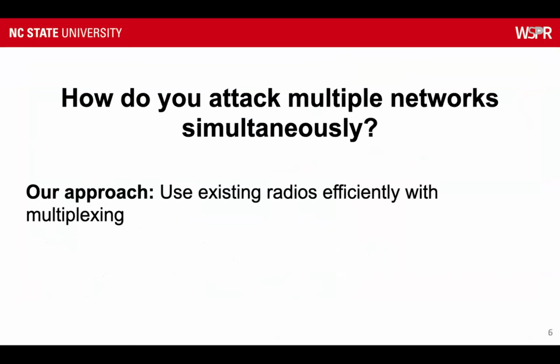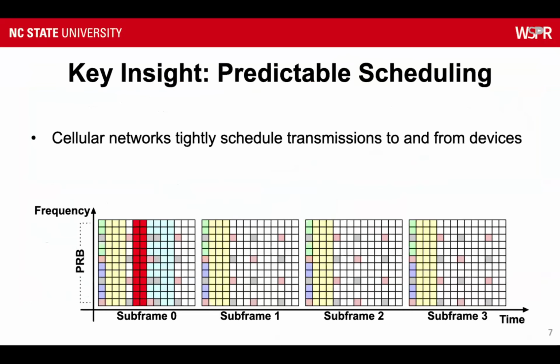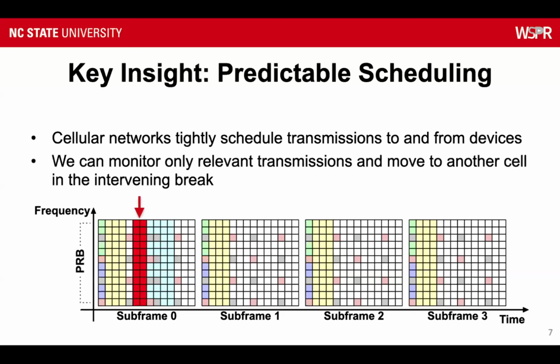So how do we monitor multiple networks simultaneously? Our key insight is that in LTE networks, every single data transmission is tightly scheduled and occurs at predictable times. In addition, we only need to monitor a small number of data transmissions in each network, because most of the data we aren't interested in. We're only interested in a small fraction of data.